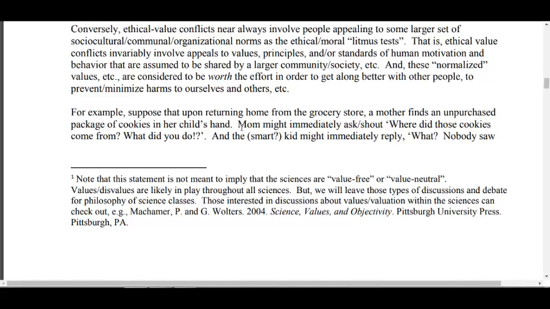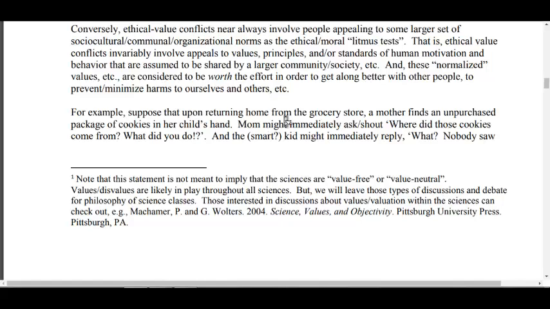We're not talking about the variation, but just a typical scenario. A parent will look at the kid, look at that bag of cookies or chips and say, what did you do? Where did you get those cookies from? And then the kid, if it's anything like the kids I've been familiar with, may be a smart kid, and there's a question mark about smartness in this notion, says, what? Nobody saw me.